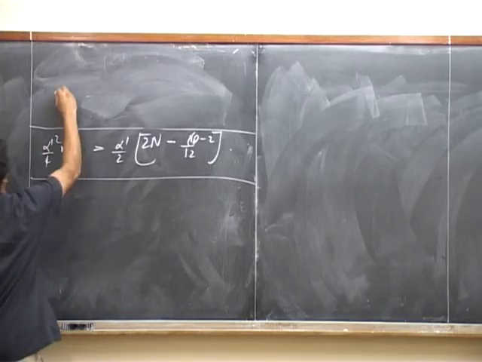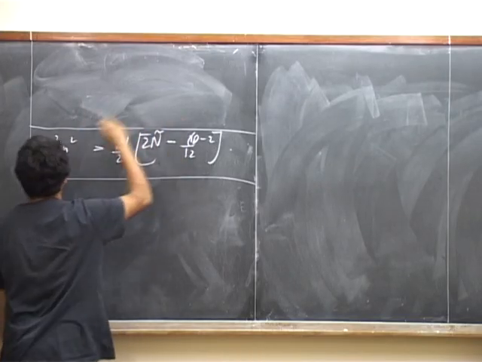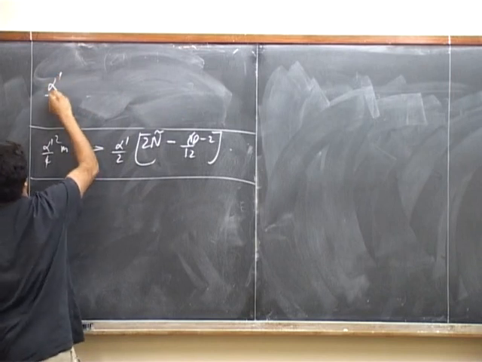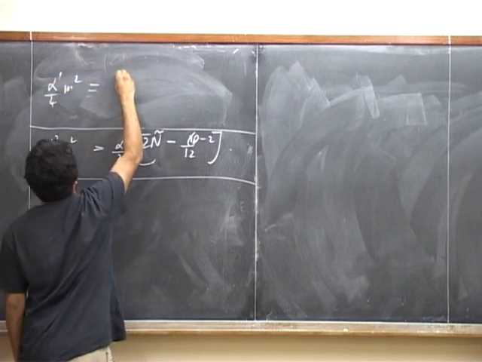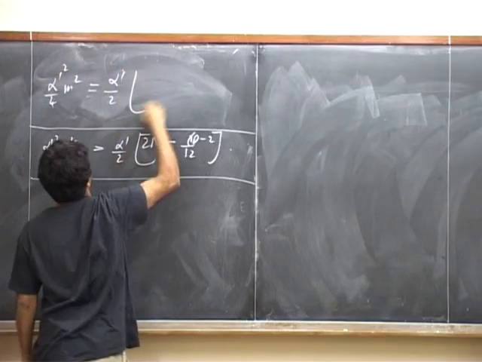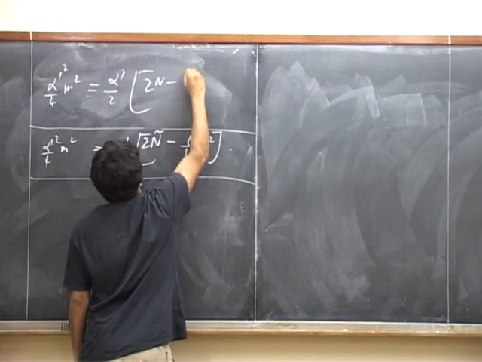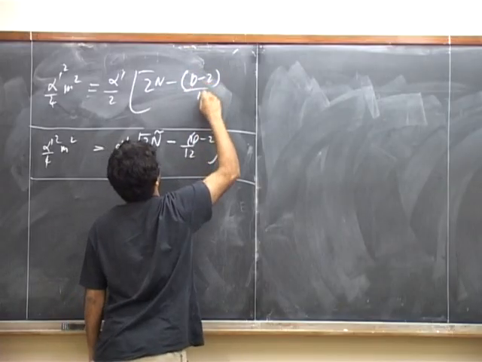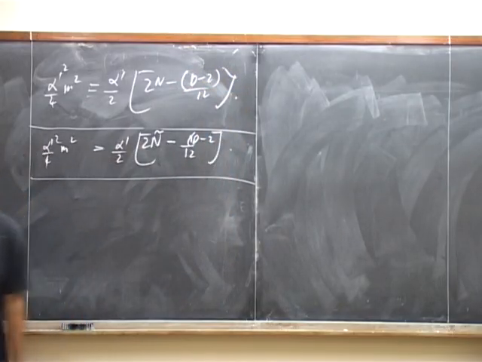The operator equations were, so let's call this n tilde, and also alpha prime by 4 squared is equal to alpha prime by 2, 2n minus 3. Let me remind you where all these terms came from.